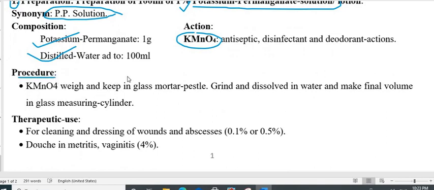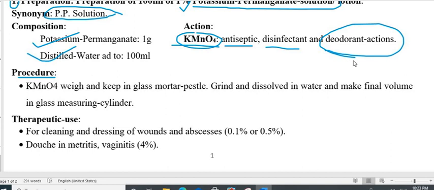Here the interesting point with potassium permanganate is that it is antiseptic in nature, disinfectant in nature, as well as it removes flavor or odor. So this is deodorant action. But the problem with potassium permanganate is that it readily oxidizes.